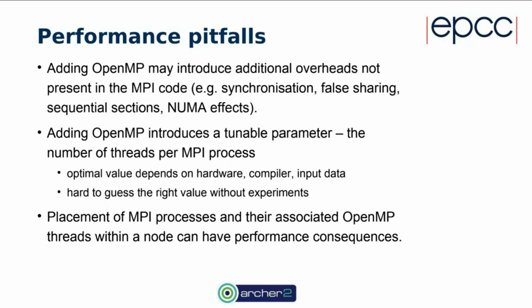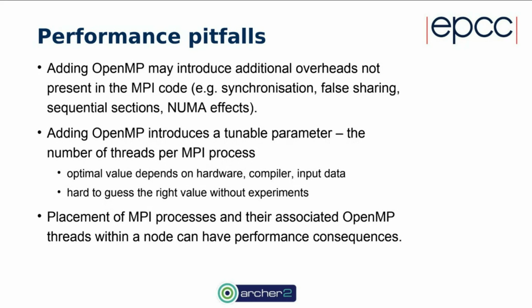So depending on the size of your problem, the optimal number of threads per process might change. In general, it's pretty hard to guess the optimum value without doing some experiments.